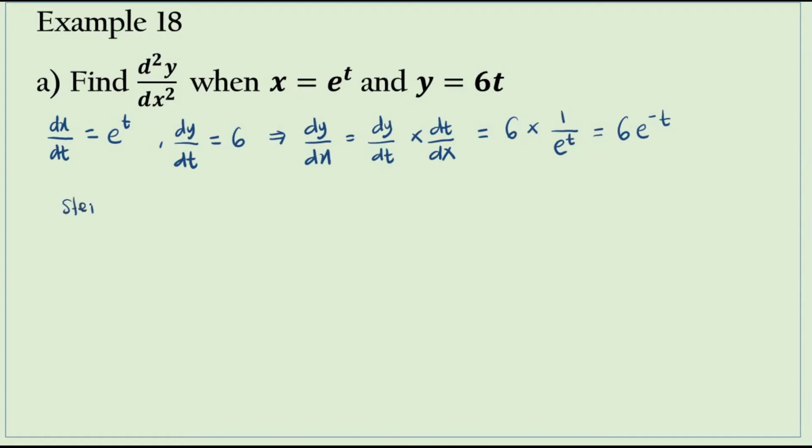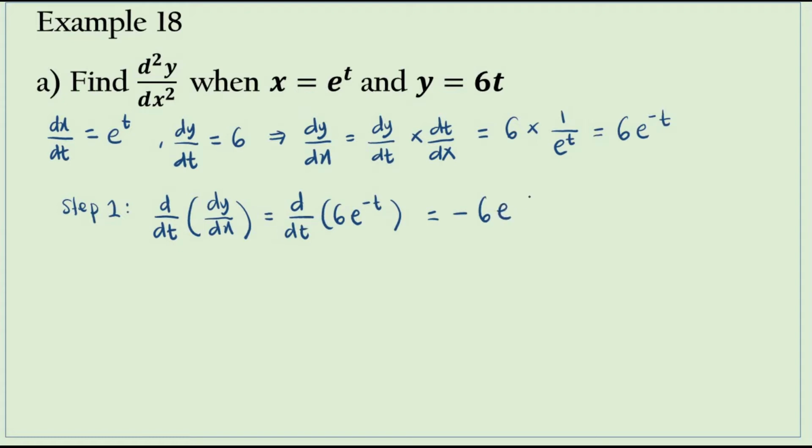Step 1, we differentiate our first derivative with respect to t: d/dt of dy/dx, meaning we differentiate 6e to the power of negative t. We will get negative 6e to the power of negative t.